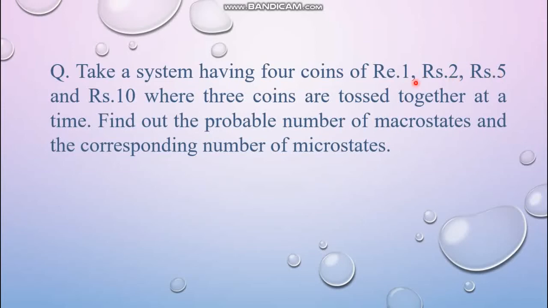Okay, fifth one, this way you can combine them and you will finally get 8 combinations: head head head, head head tail, head tail head, tail head head, and so on, up to tail tail tail. This way 8 combinations. So each macrostate would correspond to 8 microstates. So the number of macrostates is 4 and each macrostate would have 8 microstates. So all are equally probable.